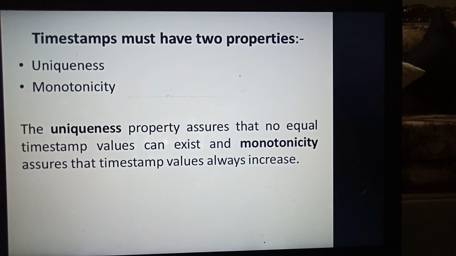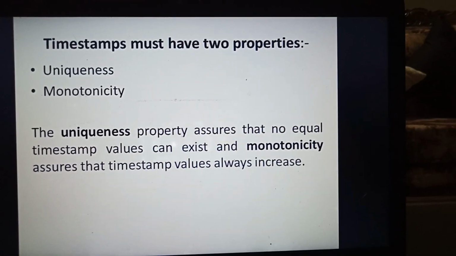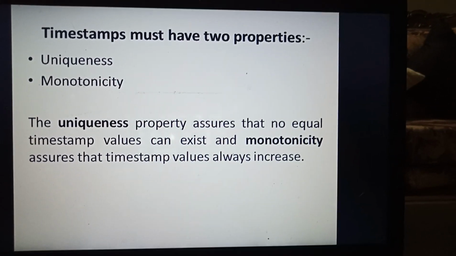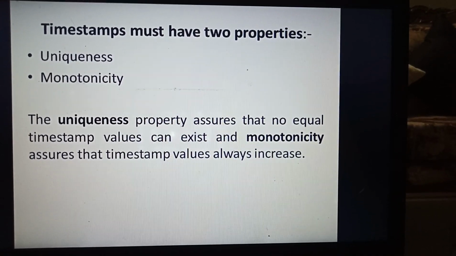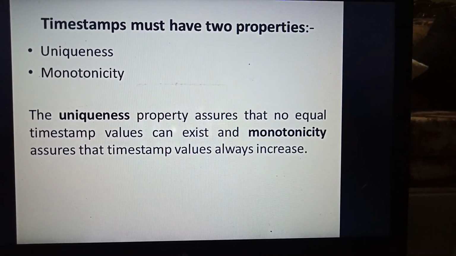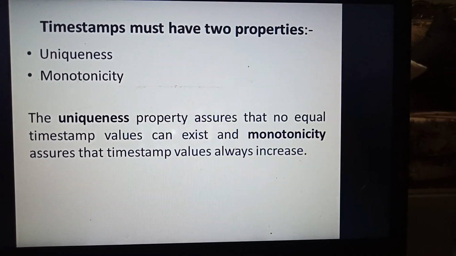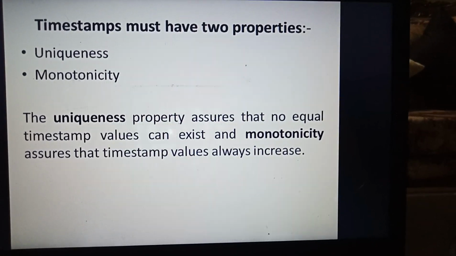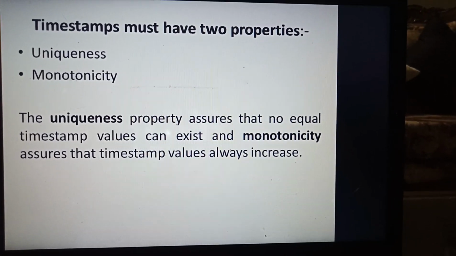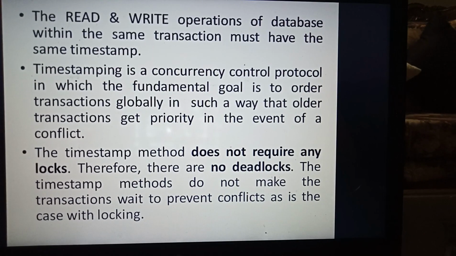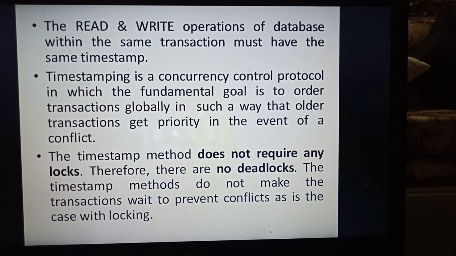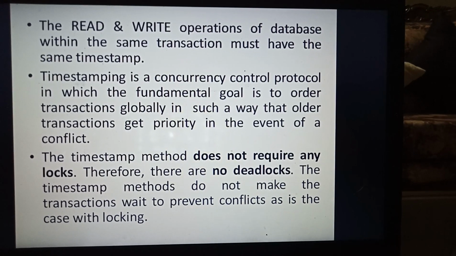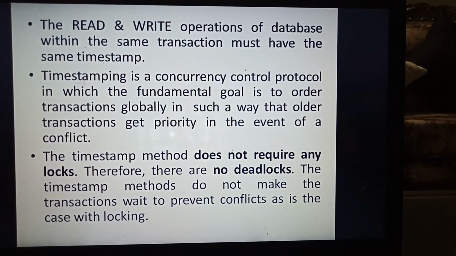Okay. So now a timestamp must have two properties. First is uniqueness and second is monotonicity. The uniqueness property assures that no equal timestamp values can exist, and monotonicity assures that timestamp values always increase. The read and write operations of a database within the same transaction must have the same timestamp.